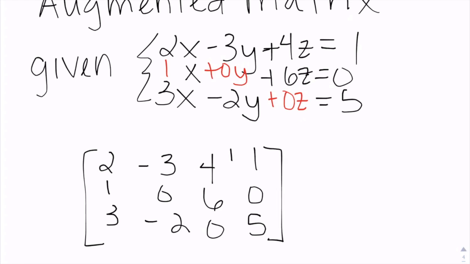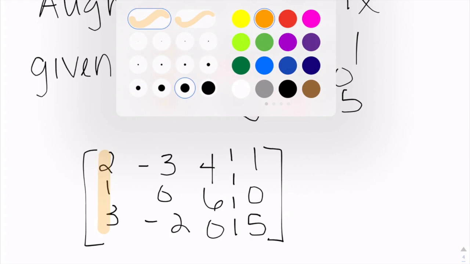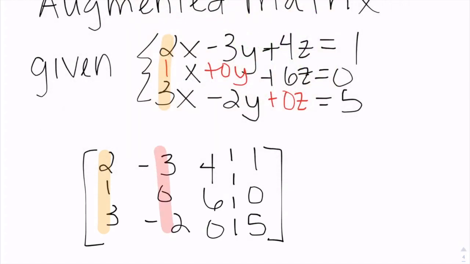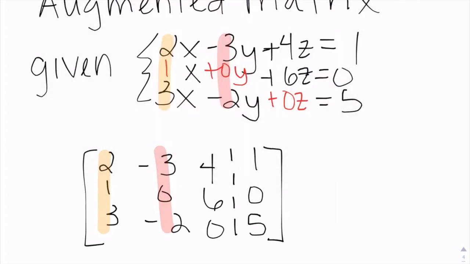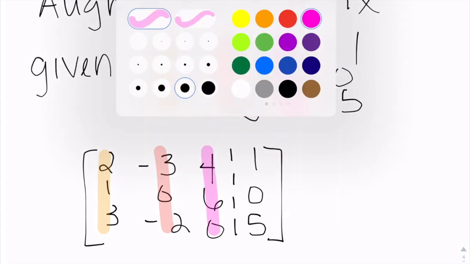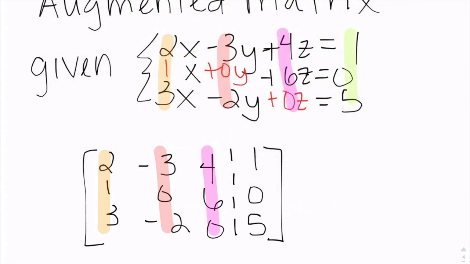And so I'm going to put a little dashed line right here just to show the break from the coefficients to the constants. And so we have our x coefficients right there, our y coefficients right here, our z coefficients right here, and our constants right there.